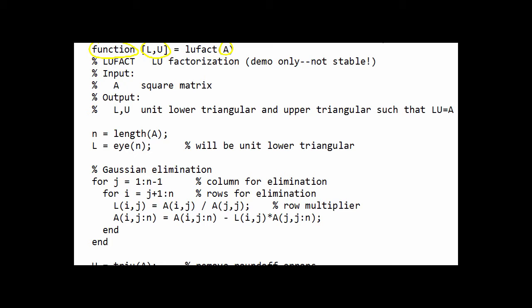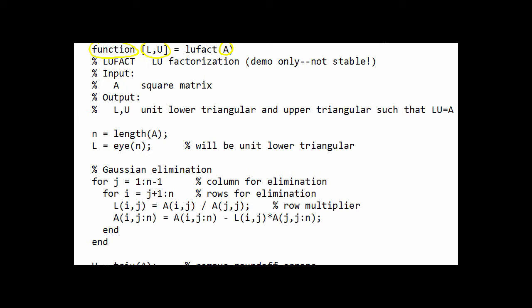So we're just going to look at the length of A, which is just the largest dimension, which should be the same in both dimensions. So N is the number of rows and the number of columns of A. We're going to start off L, which will be our unit lower triangular matrix, as an identity, and we'll just fill in the lower triangle from here on out.